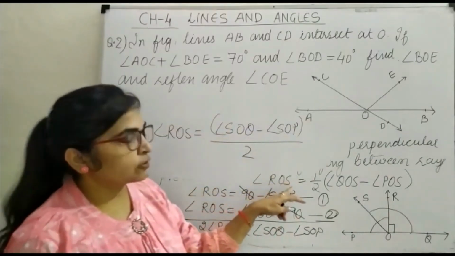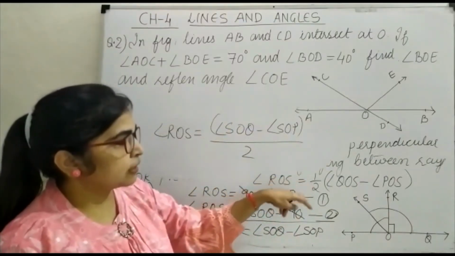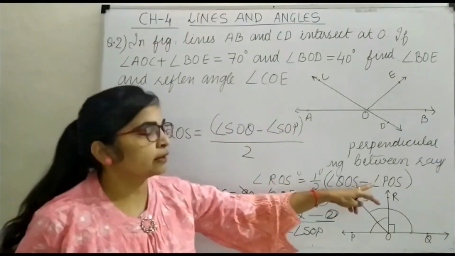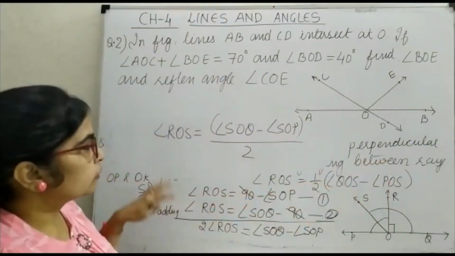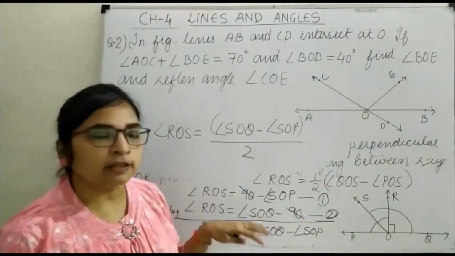And this is what we were supposed to prove. Angle ROS is equal to half angle QOS minus angle POS. So this is how we can do this question.